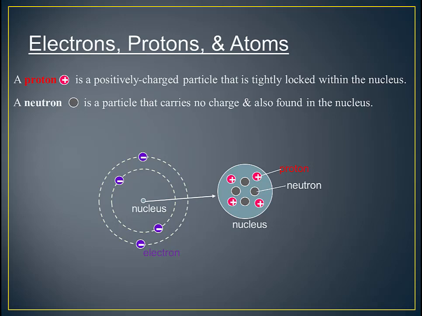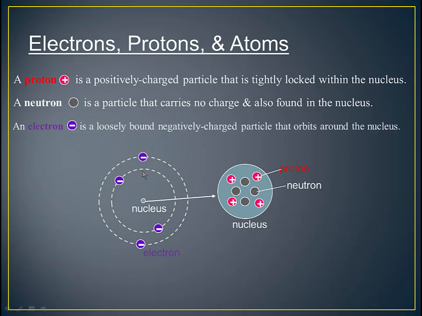And what holds these particles together is what's called a strong nuclear force, because the protons want to push apart. And then on the outside, we have electrons, which are relatively loosely bound, and they're held in orbit by the opposite charged protons, with the negatively charged electrons electrically attracting each other there.